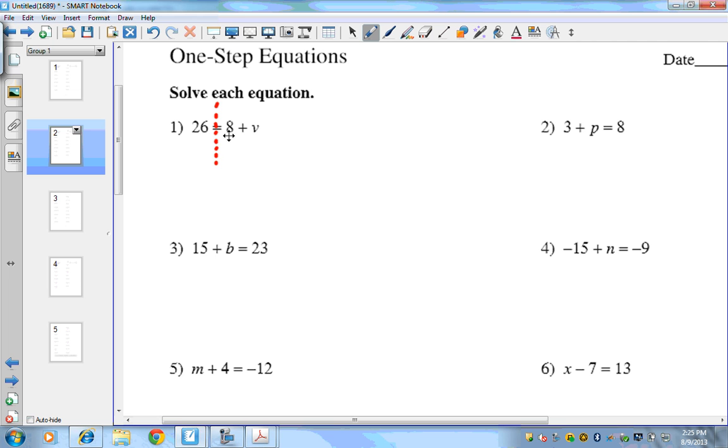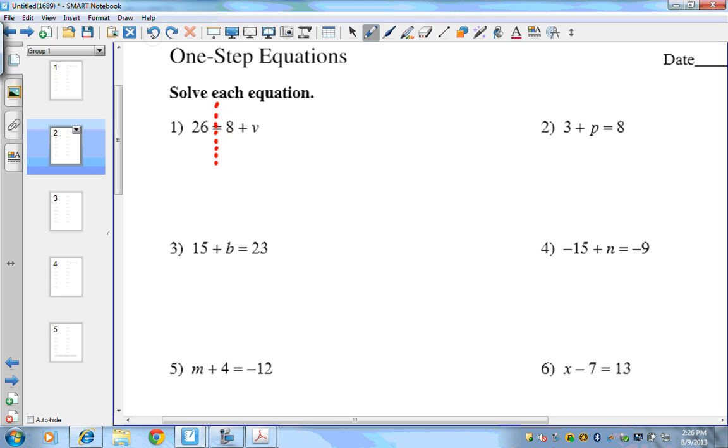So see how this is a positive 8? If I was going to move this 8 over to the other side, I would have to subtract 8, because it is always opposite when you go across the equal sign, okay?